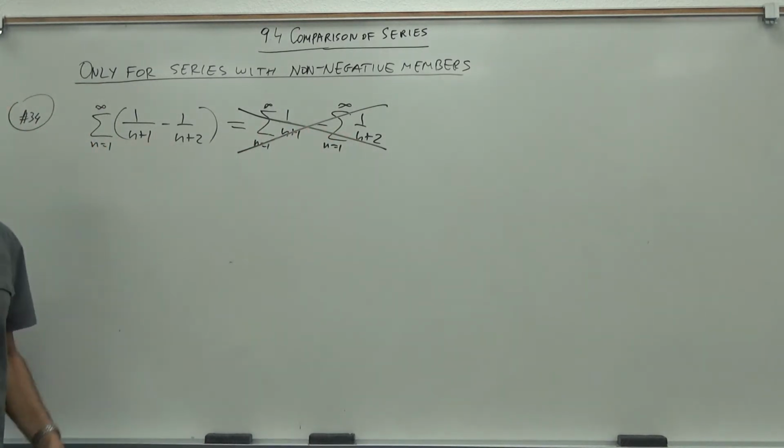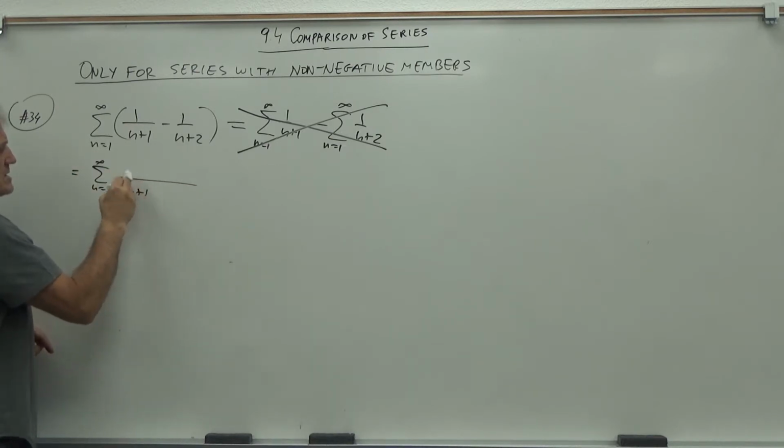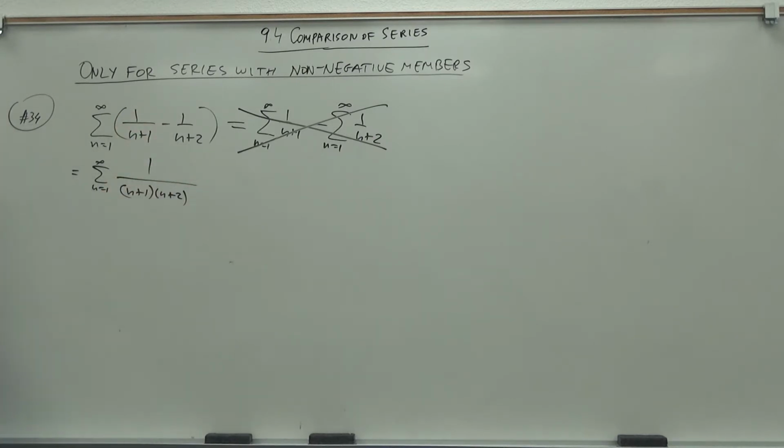And you will see in a moment that the way it was formulated, it actually does exist. How do I know that it does exist? If you build a common denominator, what do we get? Sum n equals 0 to infinity. I get common denominator (n+1)(n+2), and the numerator will be 1.